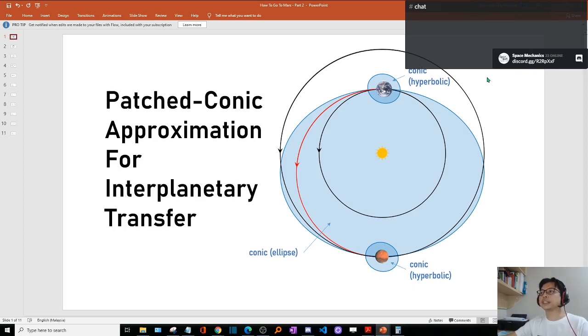Usually that's used to go somewhere far away. For example, the New Horizons spacecraft used multiple flybys to get to Pluto. The one we saw yesterday, the Rosetta mission, also used multiple flybys to get to the comet.